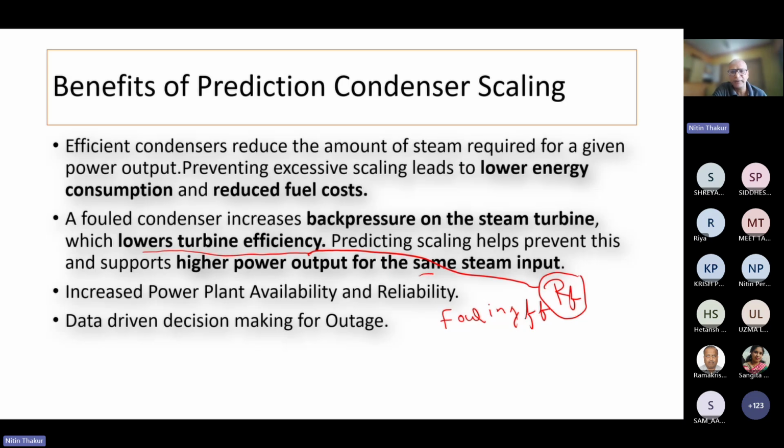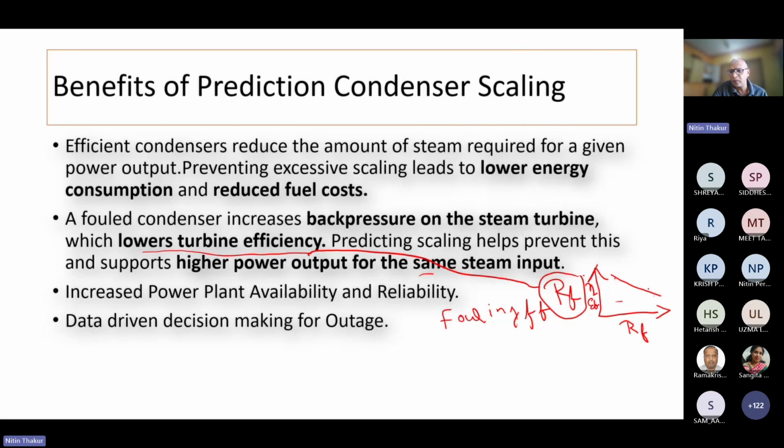We were first able to generate data showing that as the scaling is increasing on the condenser, the efficiency keeps on dropping.